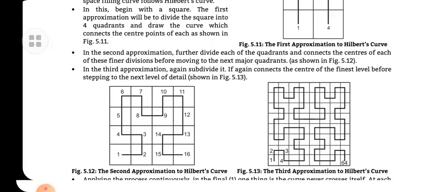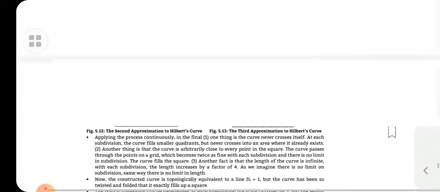Here we further divide each quadrant and connect the centers of each of these finer divisions before moving to the next major quadrant. And third is the approximation, again subdividing it and connecting the centers of the finest level before stepping to the next level of detail.